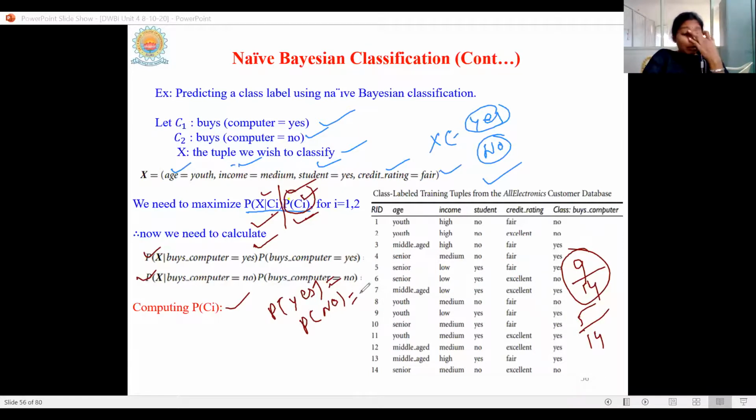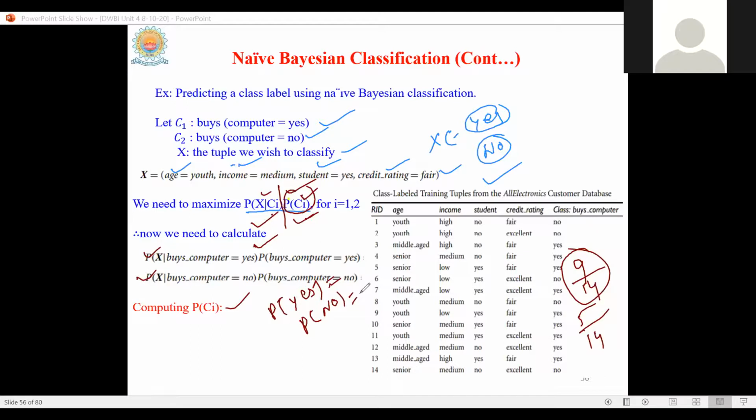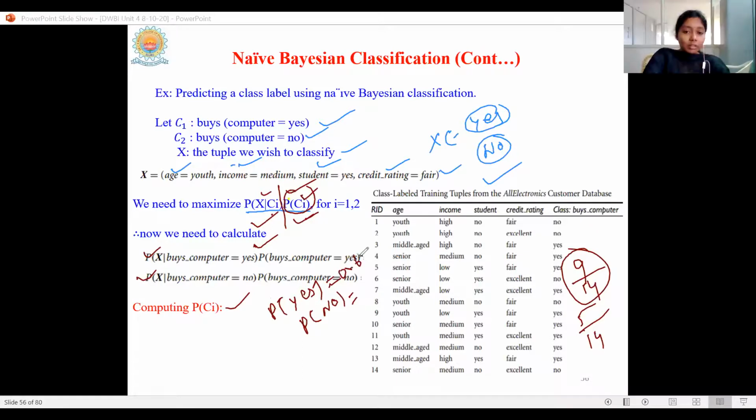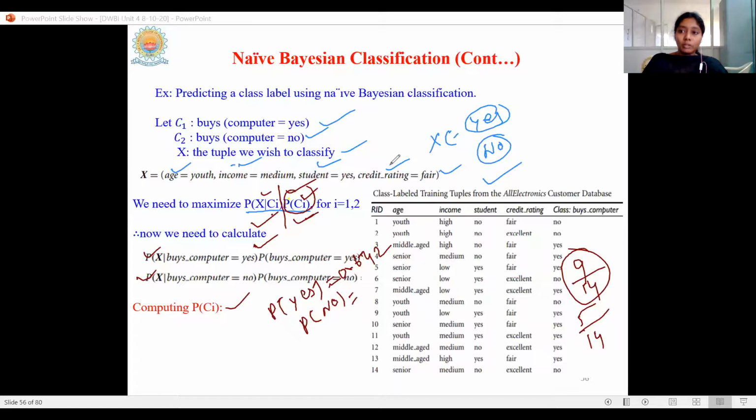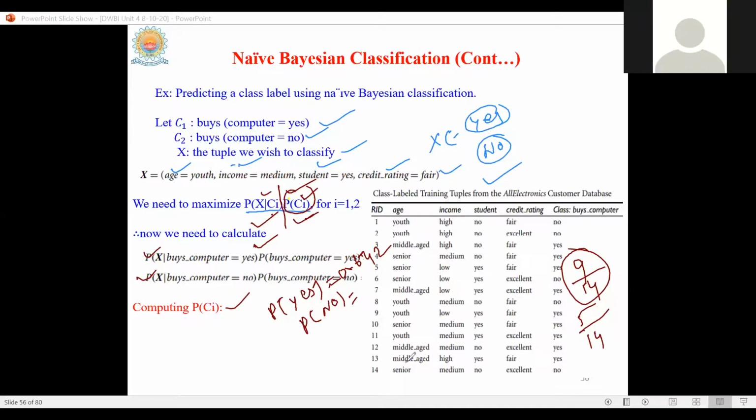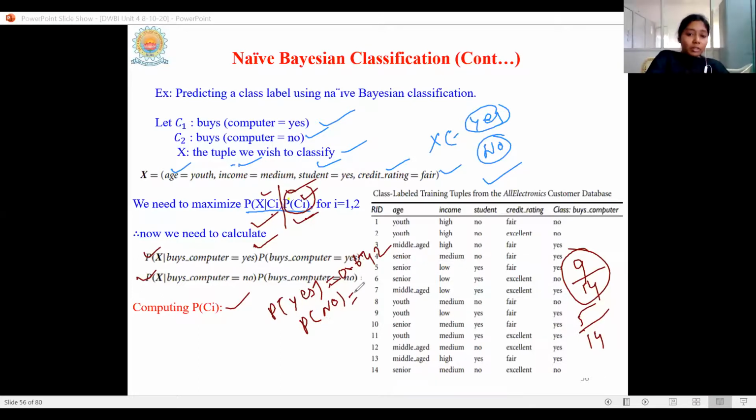What is that value? 0.642. Next, P of no: 0.357.